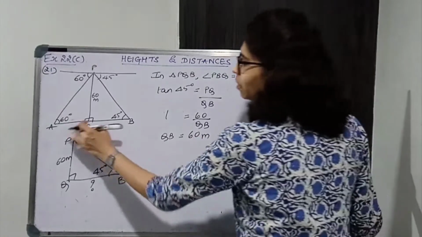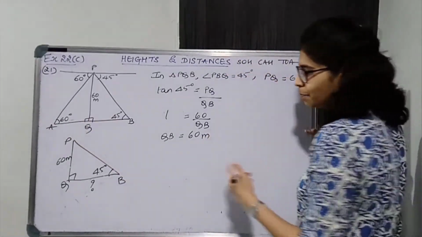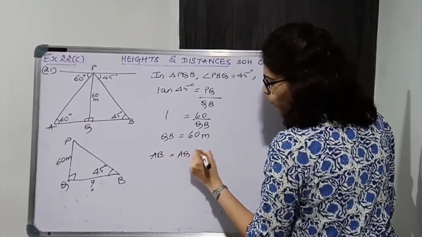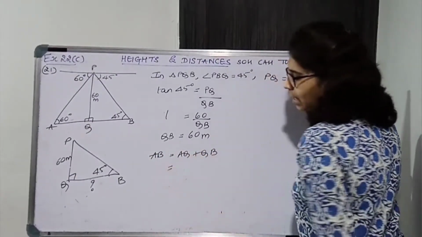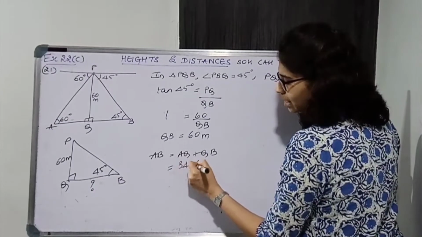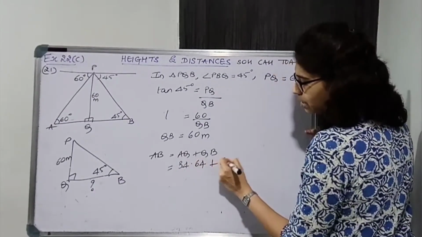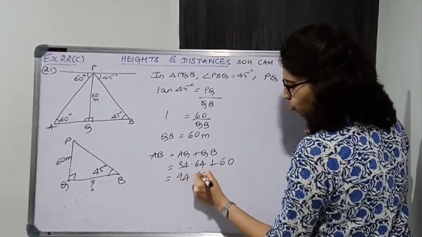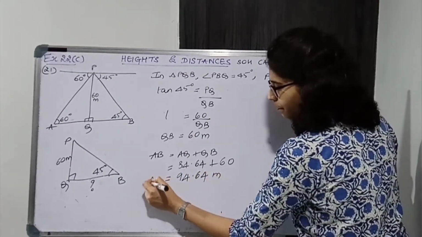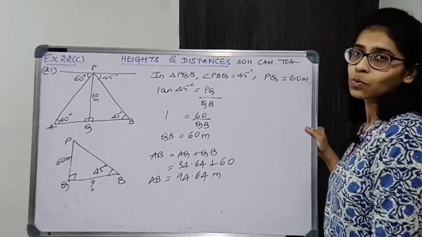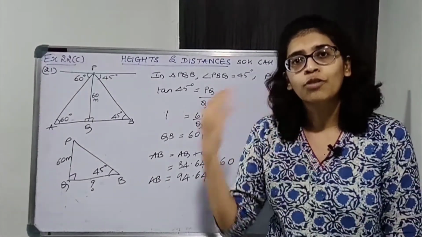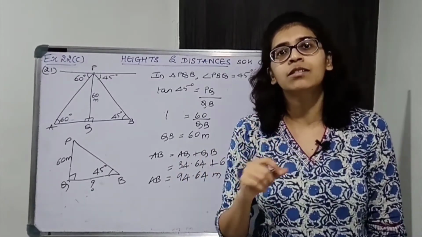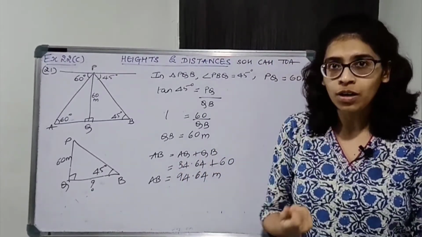We found QB, we found AQ. Let us add. So AB is equal to AQ plus QB. AQ is 34.64, QB is 60. So we get 94.64 meters. Now you are told to round off the answer. ठीक है, you are told to find the answer correct to the nearest whole number.